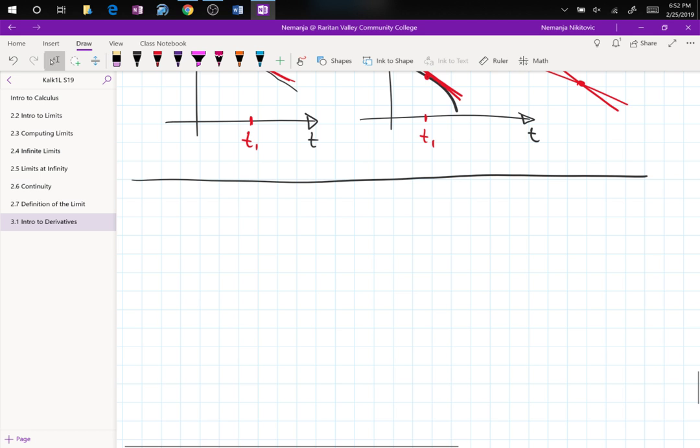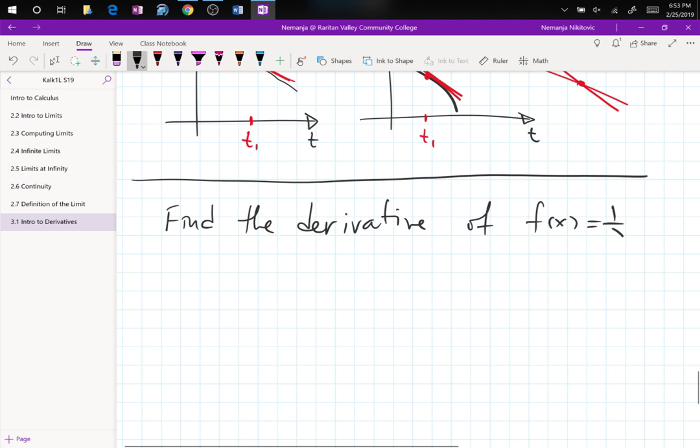So now find the derivative of f of x equals 1 over x. Well, you have to plug that in. Limit as h goes to 0 of f of x plus h minus f of x, over h.